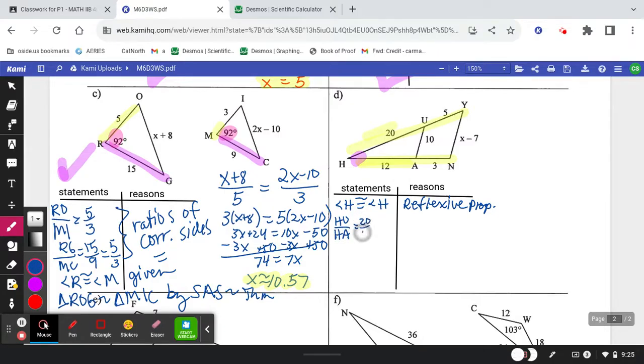So 20 is to 12. And then side HY, side HN, 12 is to 15. Wait, 20, hang on.